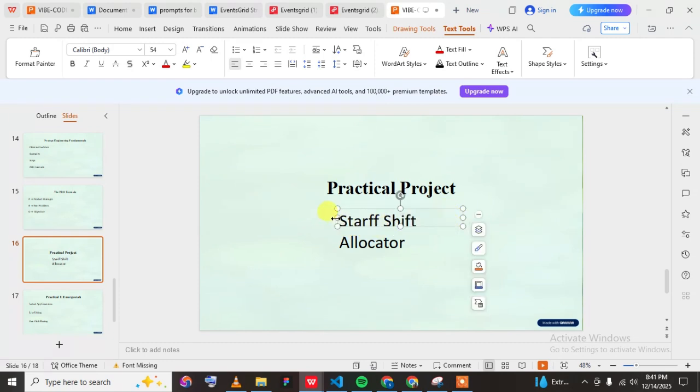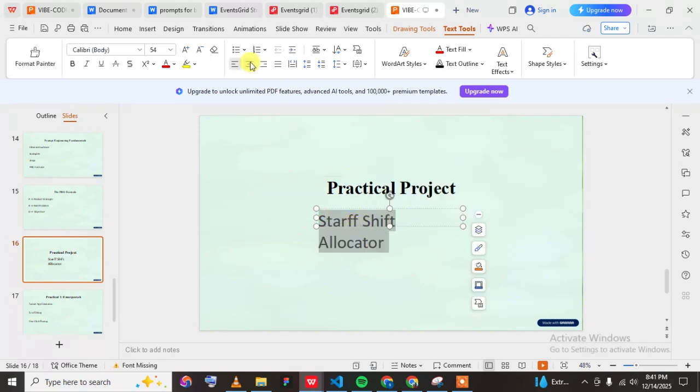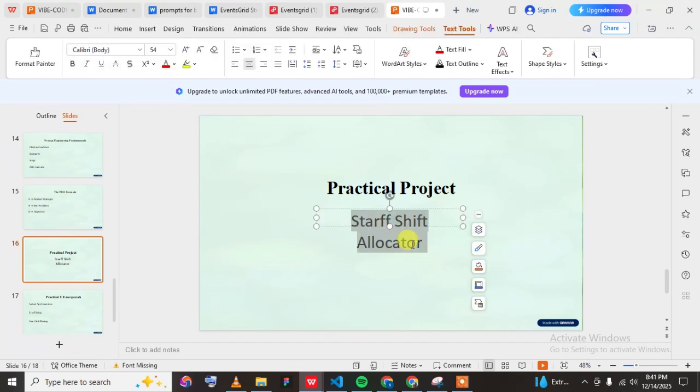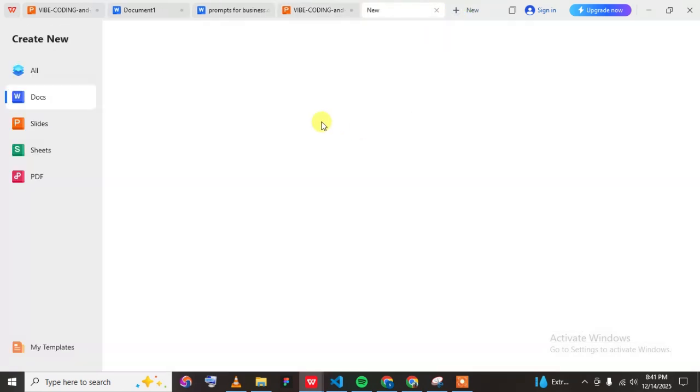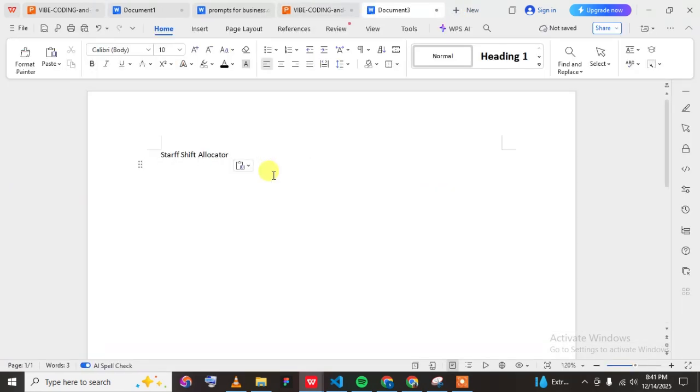Okay, staff shift allocator. Let me highlight, make it the center. So this is the problem, or this is what we need. So staff shift allocator.